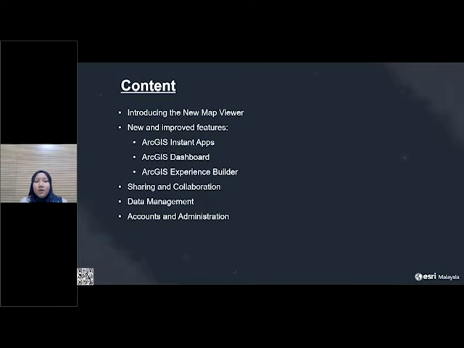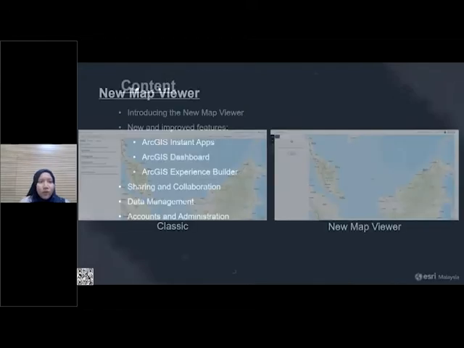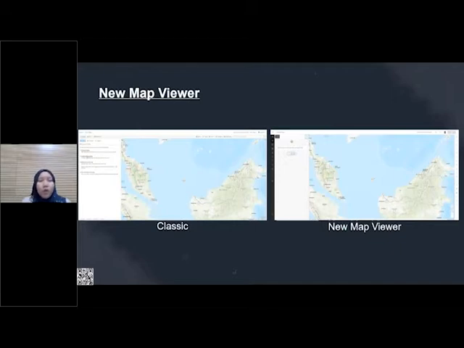There's a new widget in ArcGIS Instant Apps, some minor updates for ArcGIS Dashboards, and also the addition of widgets in ArcGIS Experience Builder. And some enhancements in sharing and collaboration, data management, as well as accounts and administration. So let's move on.